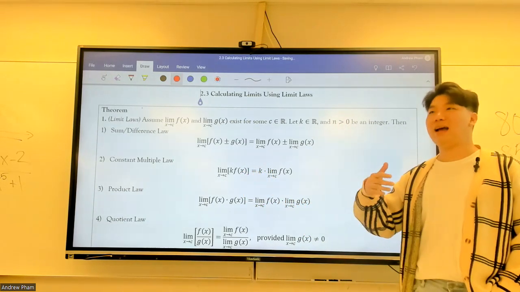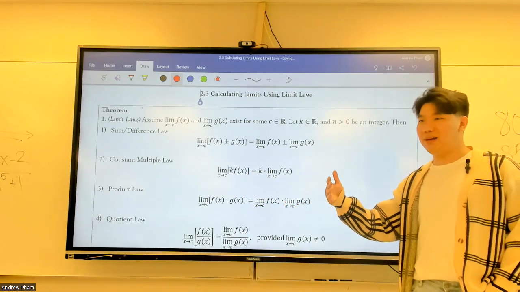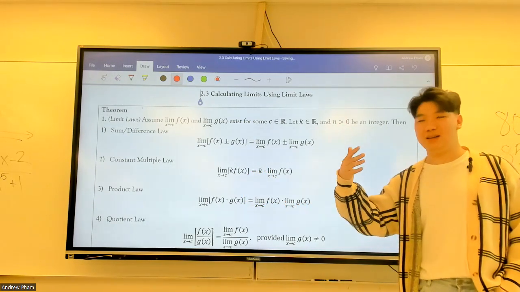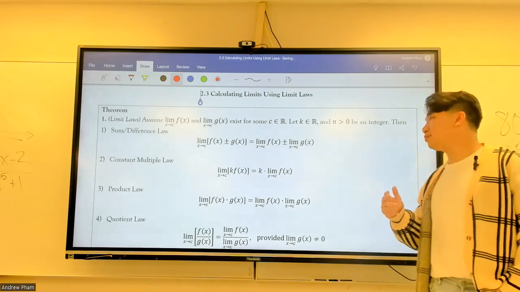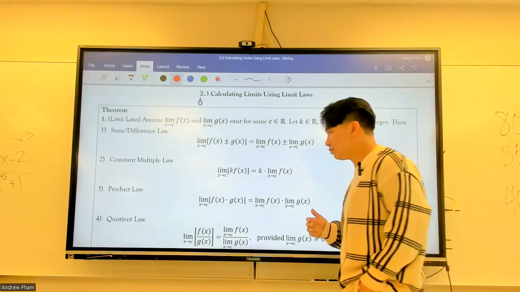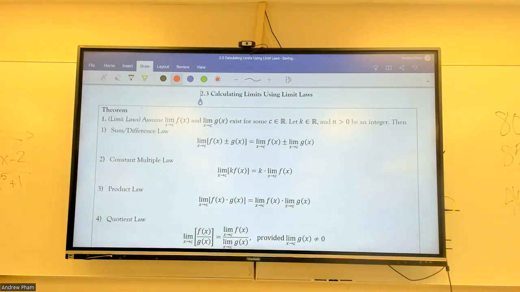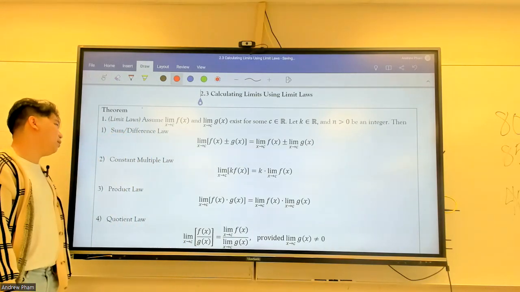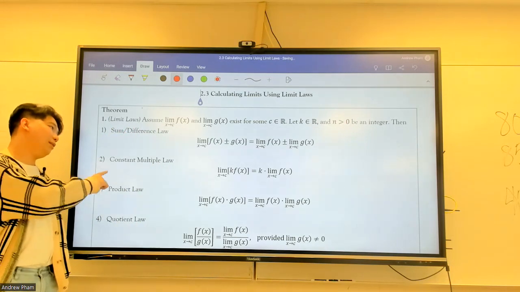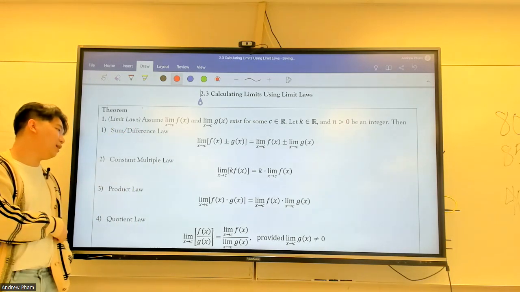You'll see that our calculation work is not going to be as intense as it may look initially. So we have the sum and difference law and the constant multiple law.